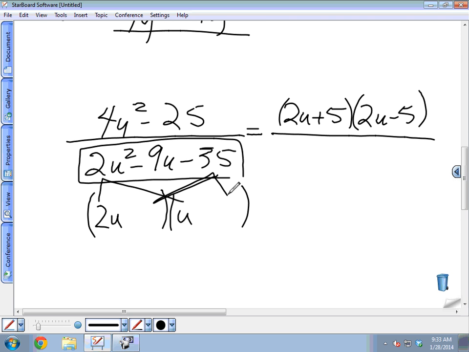So, in that case, what did we get? 6 and 5? 7 and 5, right? 7 here would give me 14u this way. 5 this way would give me the 5u, right? And I need 14 to be negative, right?